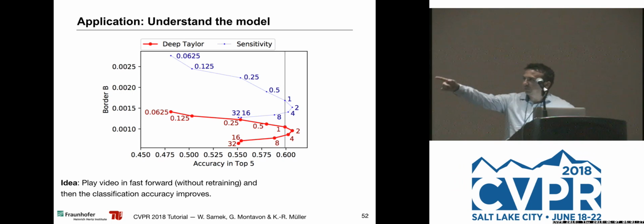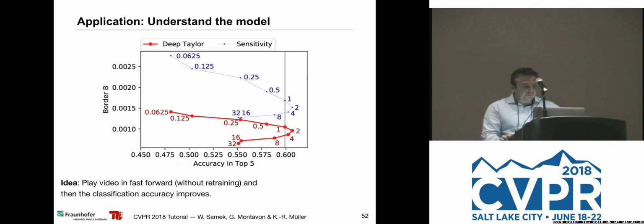You see, for example, the red part, on the x-axis, you see how many frames it used, and if we move from the left to the right, the model saw more of the video, so it captures more of the frames, and you see that the accuracy also increased. So it's kind of for free. It increased for free.